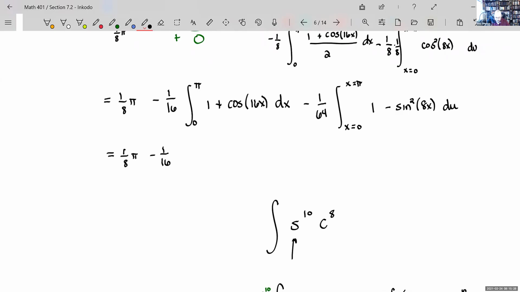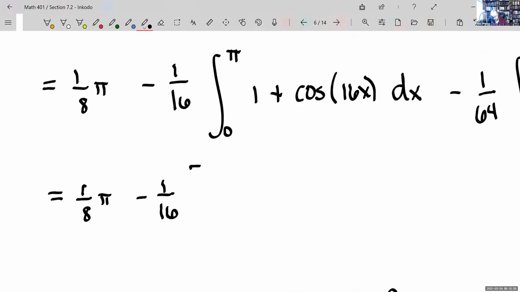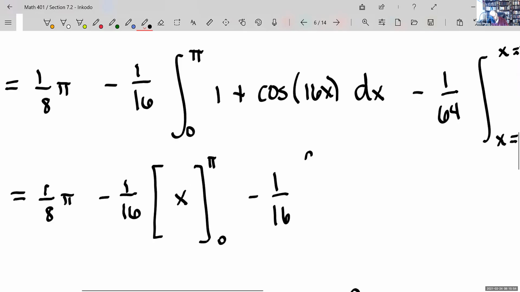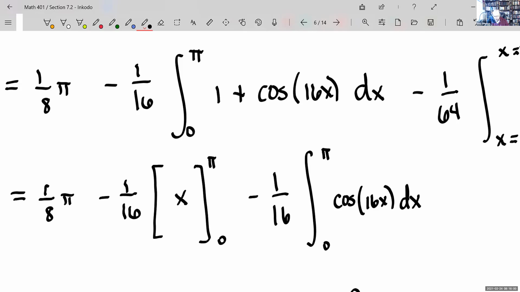I'm actually going to go ahead and run this integral very quickly. So that's going to be x, let's see, plus 1/16 sine of 16x. Actually, why am I doing that? It's x from 0 to pi minus 1/16 times, I'm just going to write it this way, integral from 0 to pi of cosine of 16x, because, again, that's a cosine curve cycling.